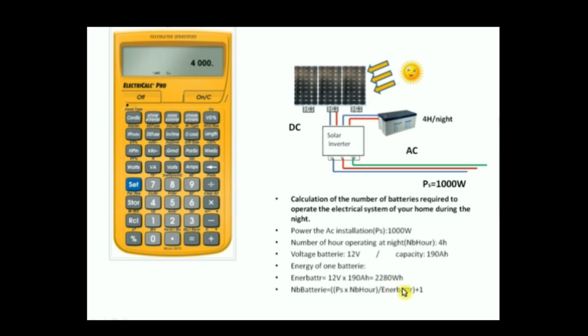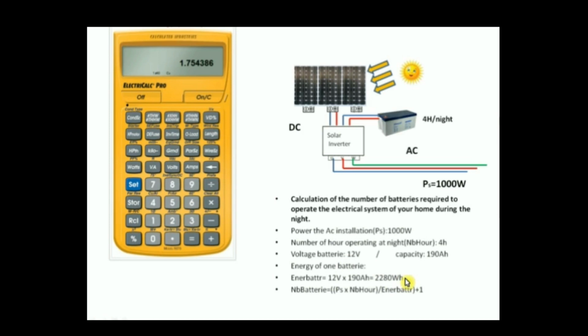The energy of the one battery that we have saved is in storage one. To bring this value, we have to click on RCL and 1. As you can see, we have 2280. And now we're going to click on equal. As you can see, we have 1.75.